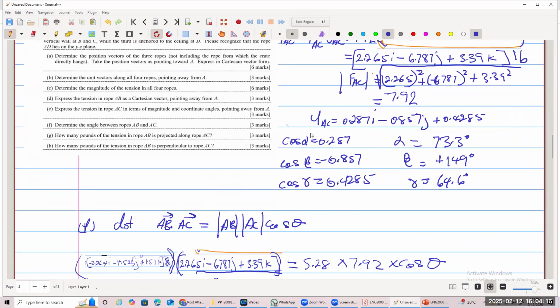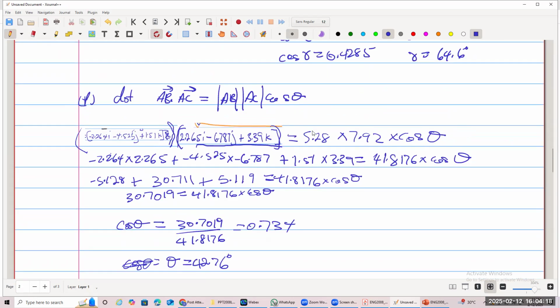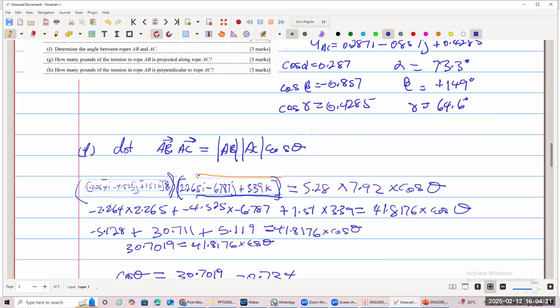What I've used there is actually the force, and if I were to write that properly, it would be written like this: F_AB vector representation times F_AC vector representation equals the modulus of F_AB times the modulus of F_AC, times cosine of the angle. So it's the same thing.